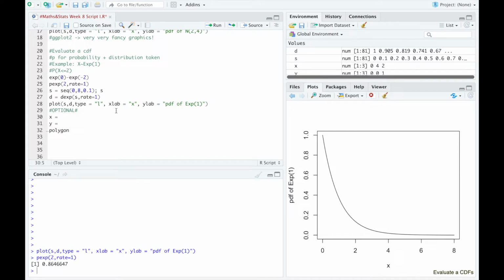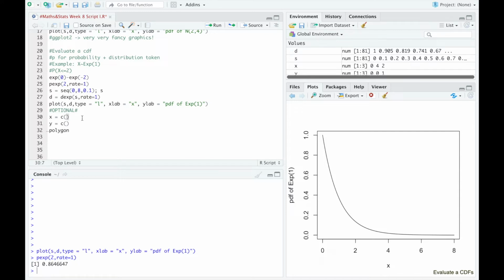So, for example, if I want to plot a polygon with vertices (0, 0), (2, 0), and let's say (1, 1), I will have to specify the x's and the y's as two vectors.